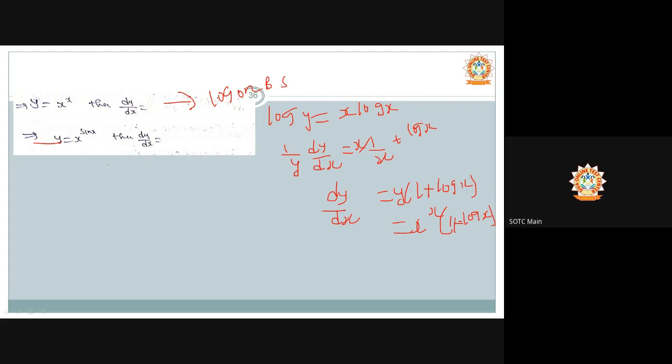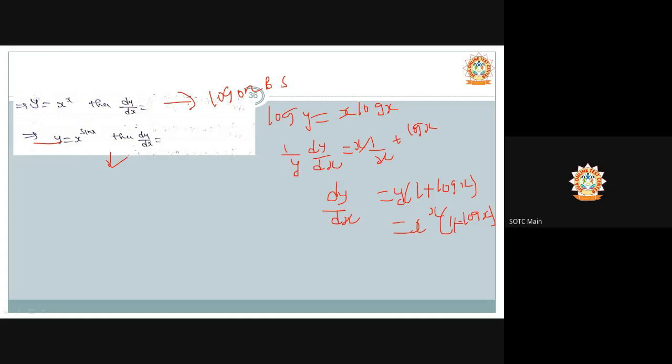Now try to solve the same for the next question. y is equal to x power sin x. y into sin x by x plus log x cos x.